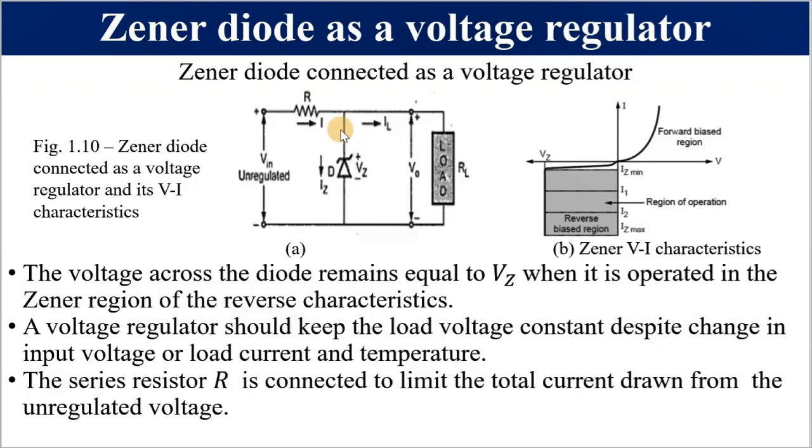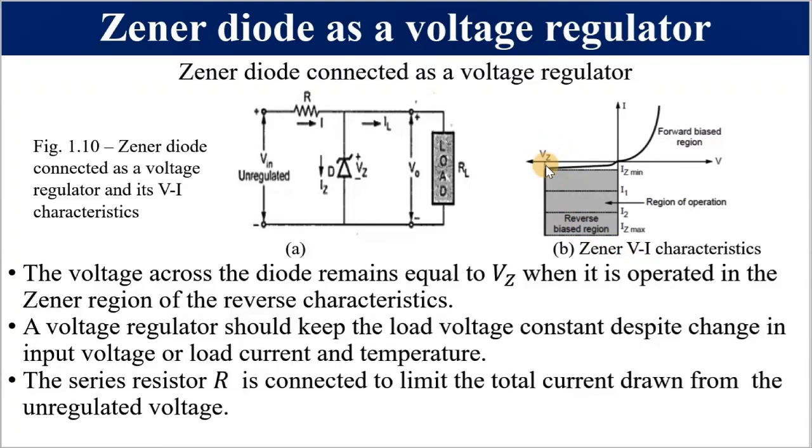Whenever you see a current branching, it means there is a parallelism aspect somewhere. The voltage across this load is the same as Vz, because the voltage across a parallel circuit is the same. And these are the reverse and forward characteristics of a Zener diode.